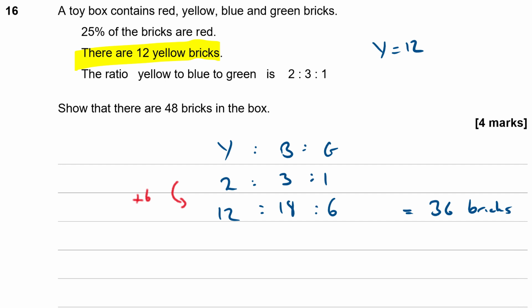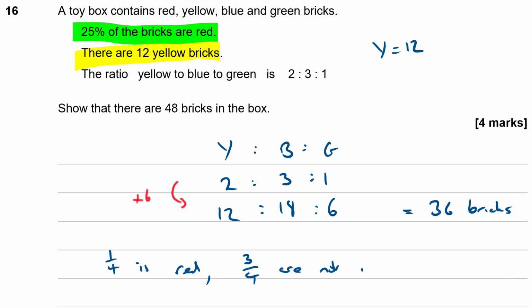Now we're told that 25% of the bricks are red, so our 36 bricks which are yellow, blue or green must be the rest, the 75% or 3/4 of the bricks. So 1/4 is red, which means that 3/4 are not red.